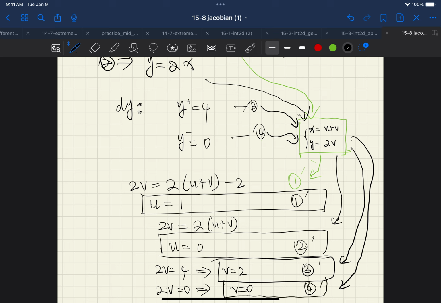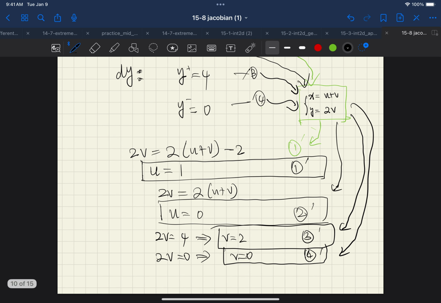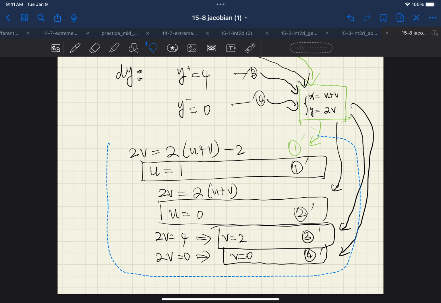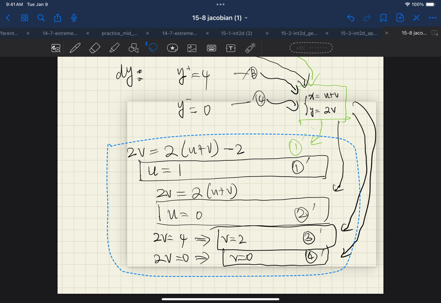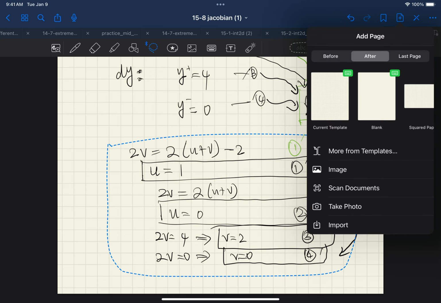So basically we got 4 equations on the UV plane, and we need to see what is the shape on the UV plane.